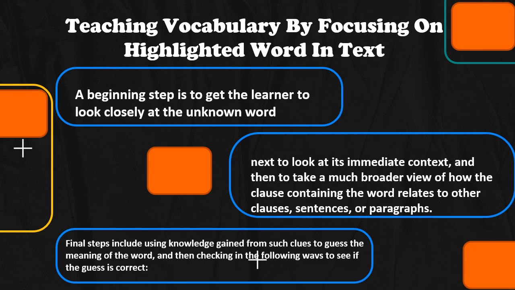The final step in teaching vocabulary by focusing on highlighted words in text includes using knowledge gained from such clues to guess the meaning of the word and then checking in the following ways to see if the guess is correct.